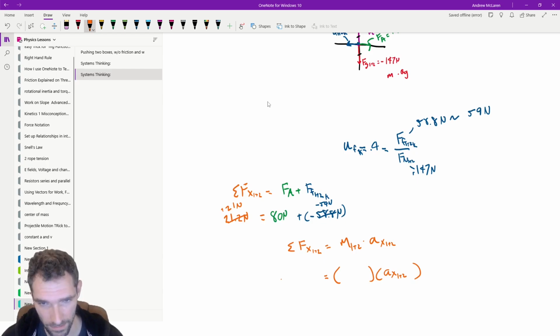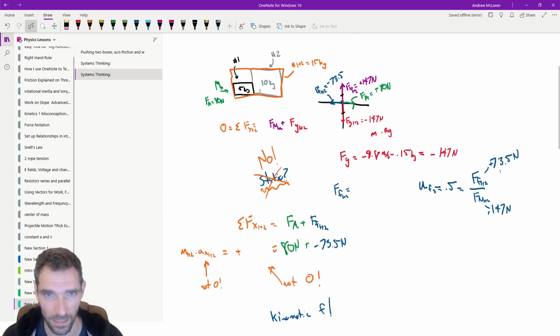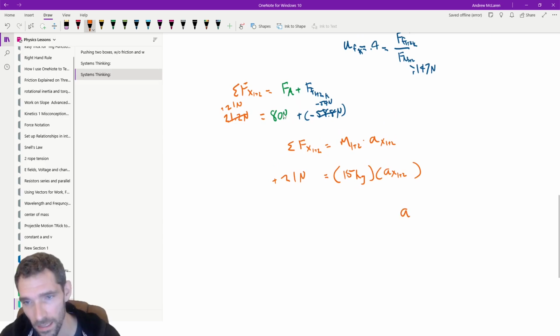So if we're saying that this is 21 newtons in the positive direction, and we have a mass of, I believe it was 15 kilograms, because the two were 5 and 10 kilograms, so together they're 15 kilograms, we can then solve for this acceleration value.